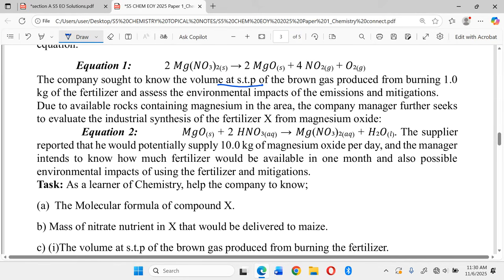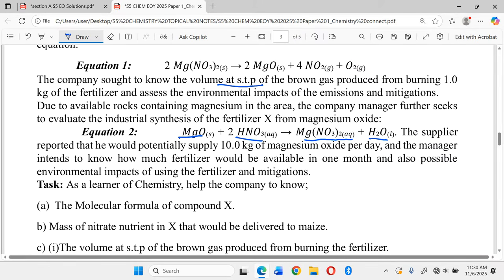Due to available rocks containing magnesium in the area, the company manager further seeks to evaluate the industrial synthesis of the fertilizer X from magnesium oxide. So you have magnesium oxide and nitric acid to form magnesium nitrate, which is our fertilizer, and water.